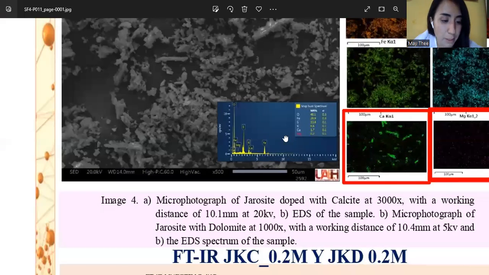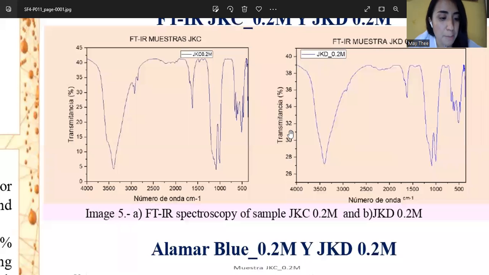The infrared spectrum determined the vibration modes of the presence of carbonates at the wavelength of 2,123 and the characteristic bonds of the jarosites.